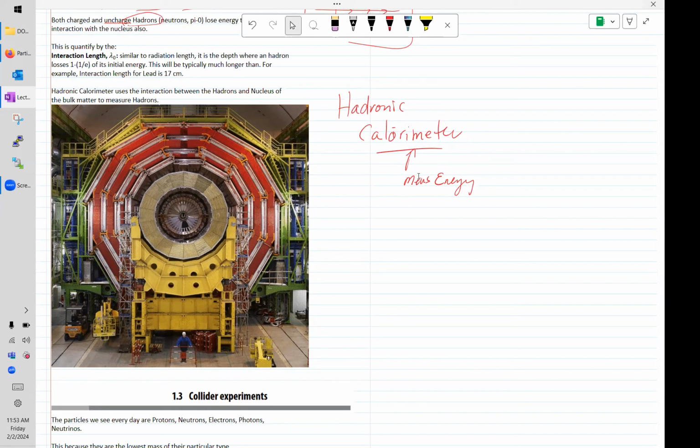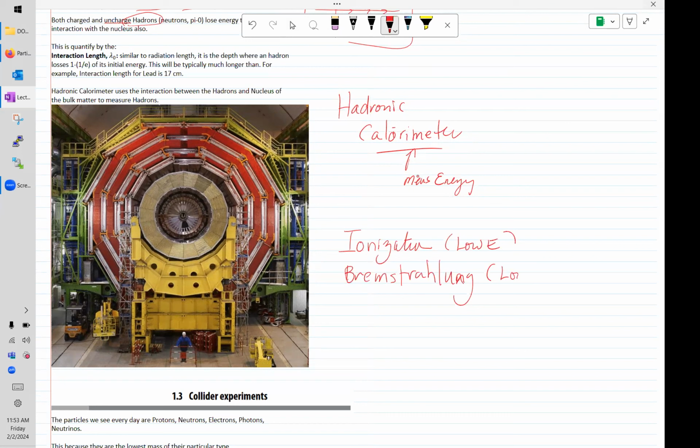Either ionization, I'm just going to list it here so I can write it down. Ionization tends to be low energy. Then Bremsstrahlung, I probably won't be able to spell it, there's a random H somewhere.